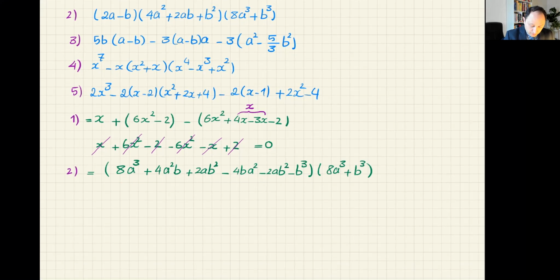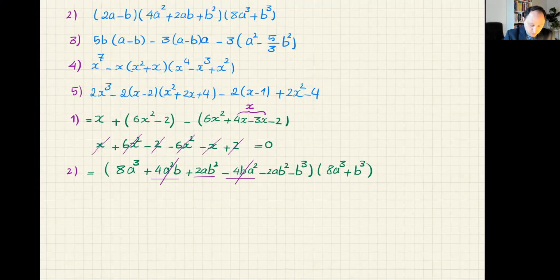How can I simplify this? Let me find the similar terms. This one and this one are similar, yes, because the latter part is a squared b, here is also a squared b, even though it is written ba squared, but there is no difference. The good point is that they are similar but with opposite signs, so they are cancelled. And then the same story here.